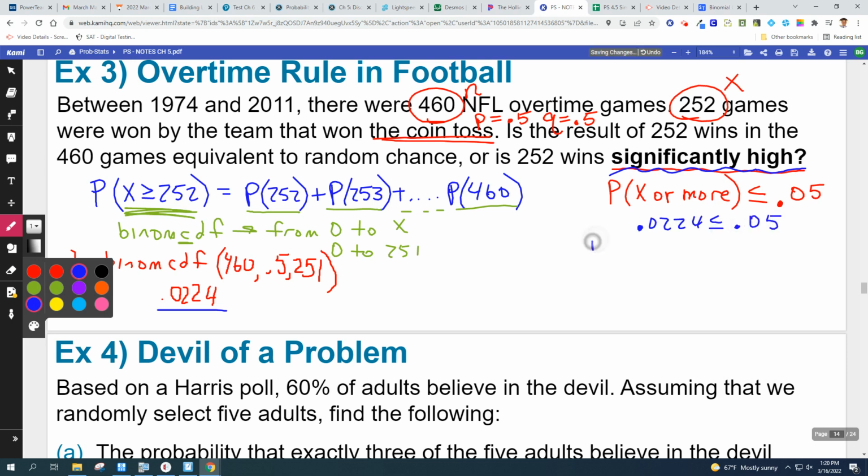So this means the results are significantly high. So what this does is it rules out random chance.